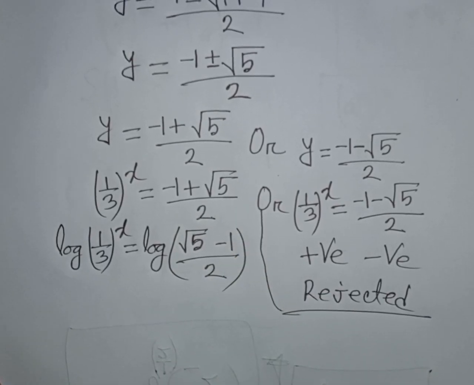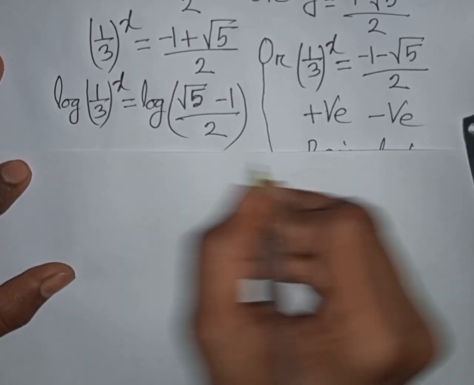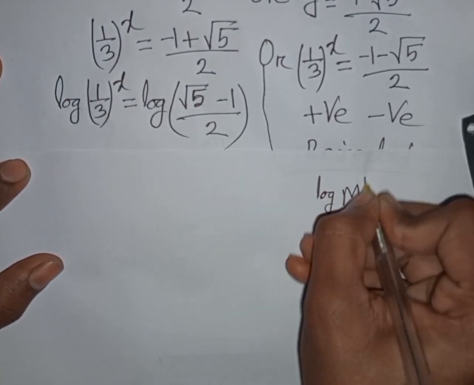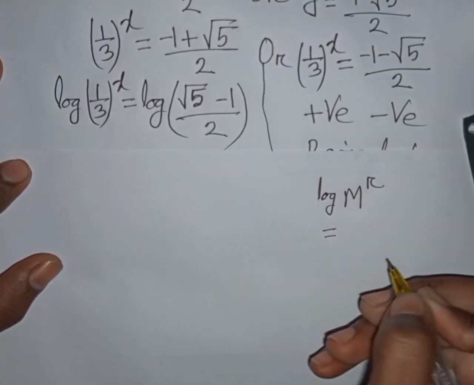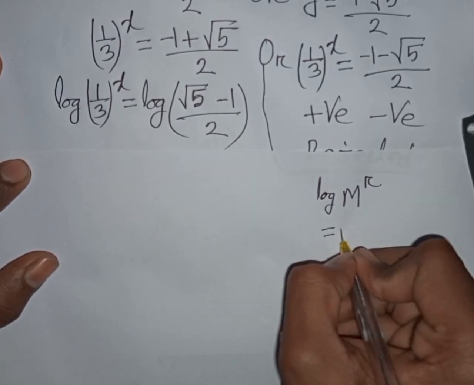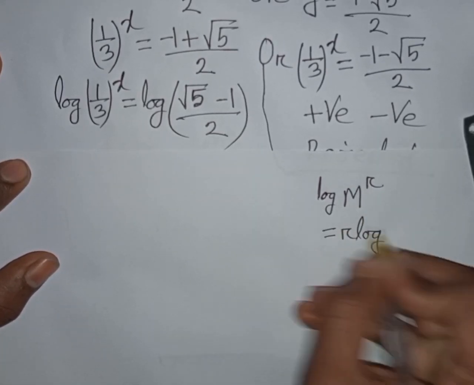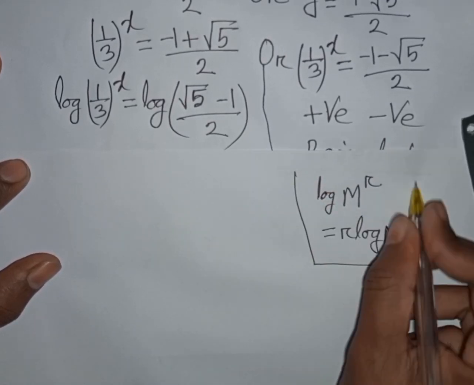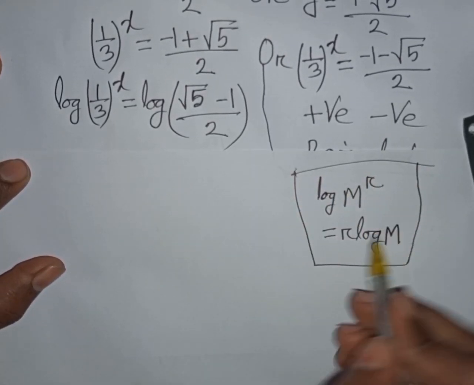Now here I can apply the rule that log m power r is equal to r log m, that means this power r moves to the front.